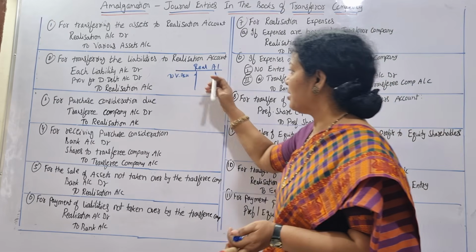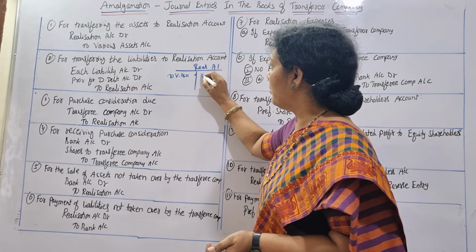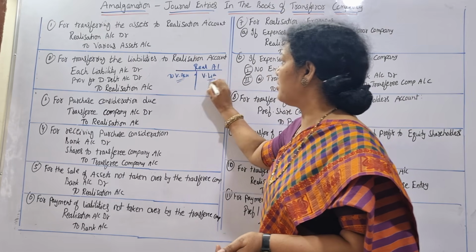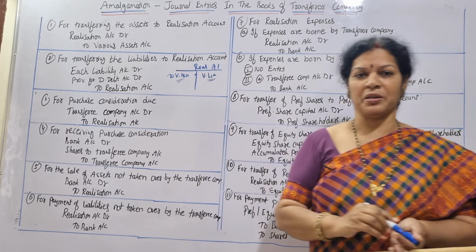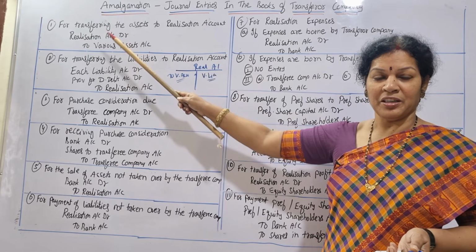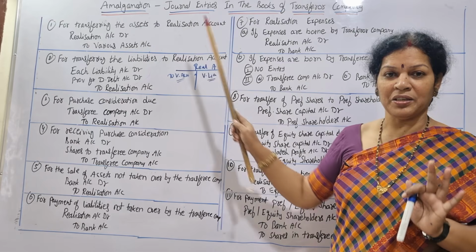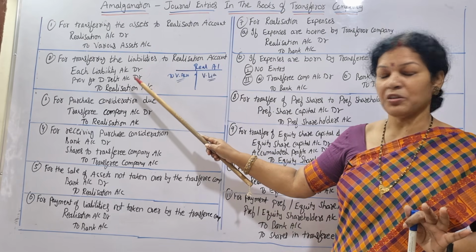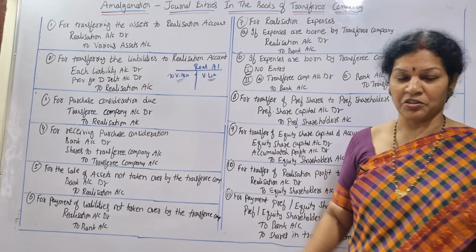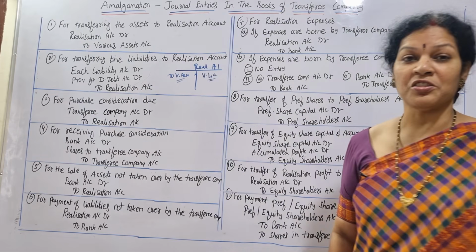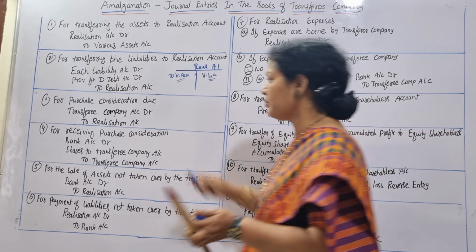It means on the credit side we are going to write various liabilities. Debit side, various assets. Here, various liabilities including provision for doubtful debts to realization account. Easy to remember.